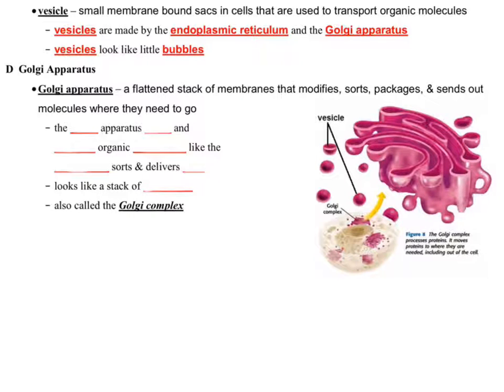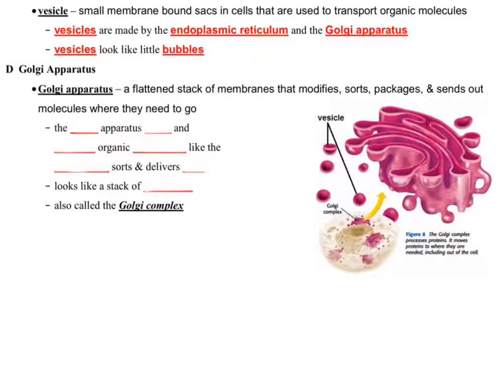The picture of the Golgi apparatus shows all these little round spherical bubble-like structures that we call vesicles, and they contain organic molecules that are either traveling from the endoplasmic reticulum to the Golgi apparatus, or traveling from the Golgi apparatus, or the Golgi body, or the Golgi complex to other parts of the cell.